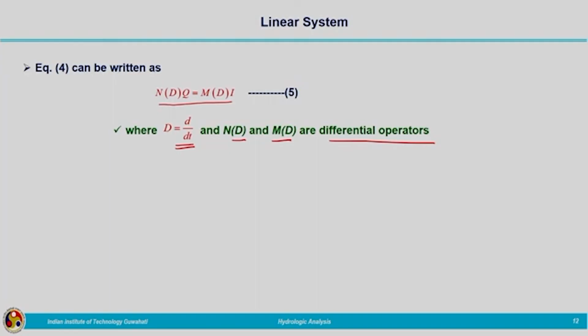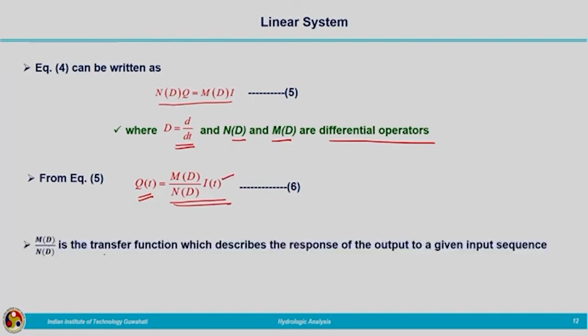All the differential operators related to Q are put under N(D) and those related to inflow I are put under M(D). And if we want to get the output, Q(t) can be written as M(D) divided by N(D) multiplied by I(t). So, M(D) by N(D) is the transfer function which describes the response of the output to a given input sequence. You can look at the equation represented by equation 6.